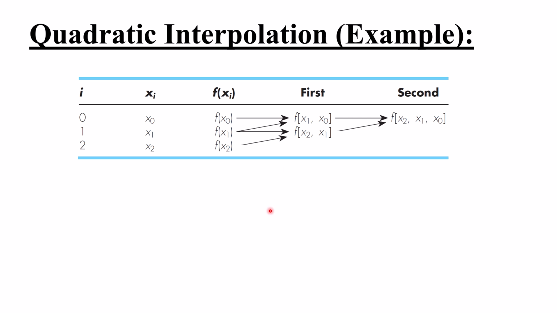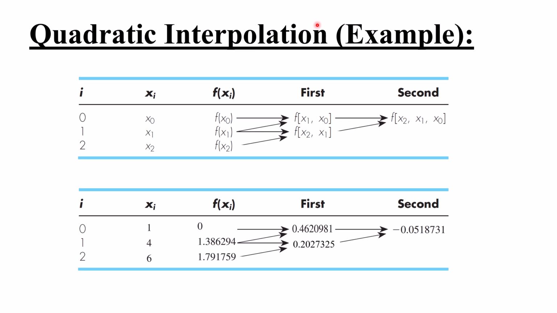Now look here, if we do the same thing for the previous example. If you remember, we had 3 points: 1, 4, 6. These are the values. We take the difference between these two divided by 4 minus 1, and we come up with this value.